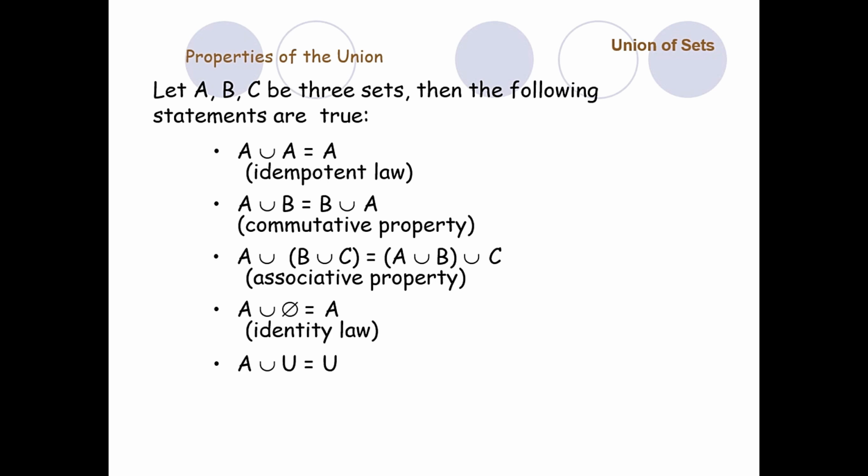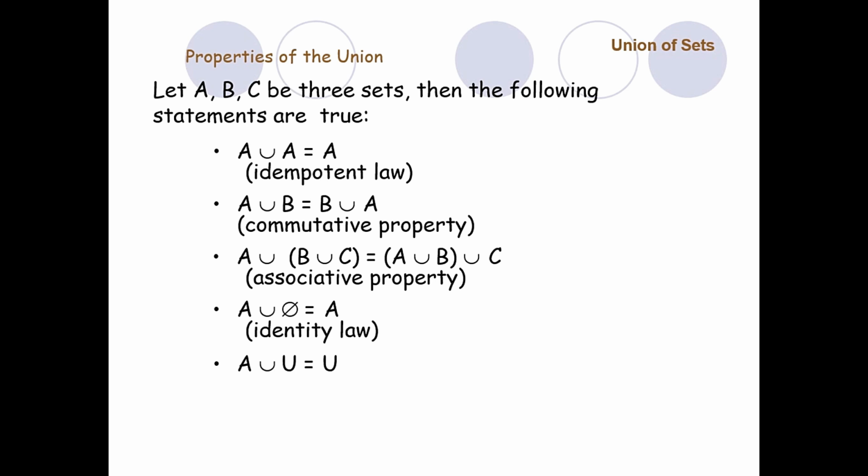Now, let's go to the properties of the union. Let A, B, C be 3 sets. We can say that A union A is also A. That is the idempotent law. We also have, the union of A and B is equal to the union of B and A. That is the commutative property.